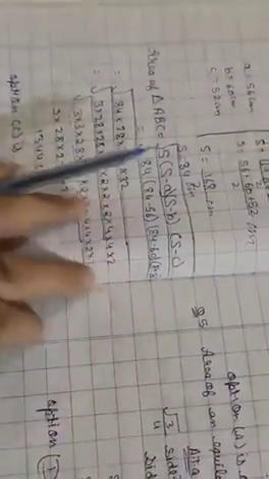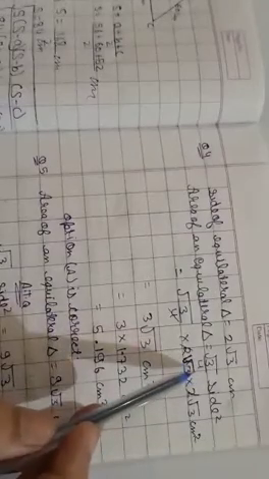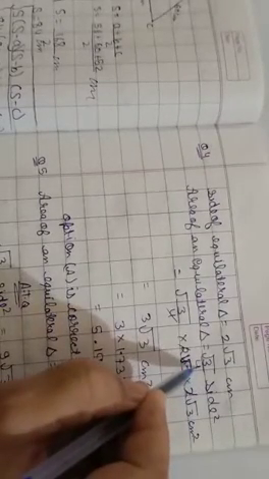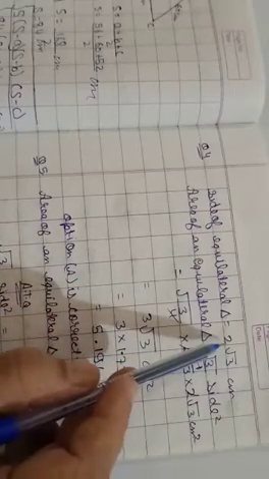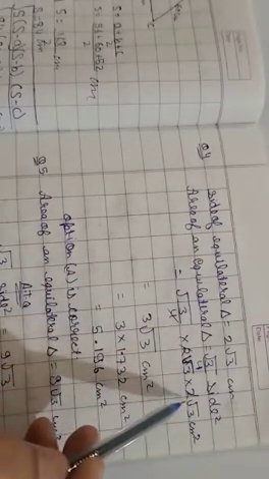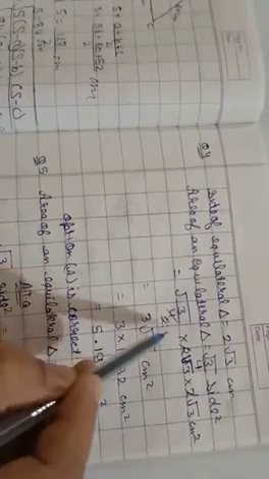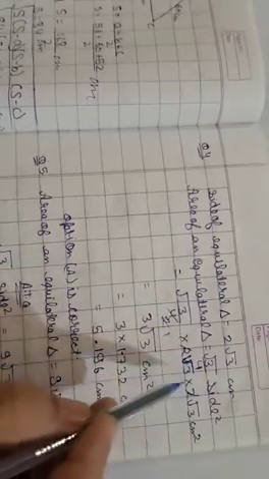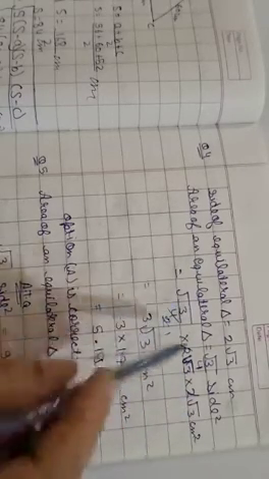Now area of an equilateral triangle with side 2 root 3 centimeter is? Side of the equilateral triangle is 2 root 3. Area of an equilateral triangle equal to root 3 upon 4 side square. So we write root 3 upon 4 into side 2 root 3, 2 root 3 multiply 2 root 3. 2 1s are 2, 2 2s are 4, root 3 root 3 is root 9, 3. 3 root 3.